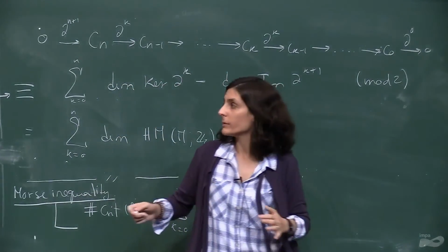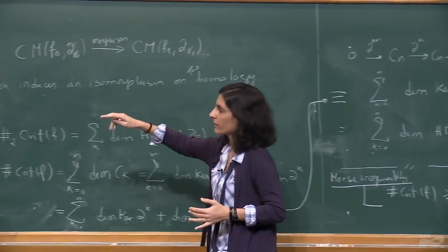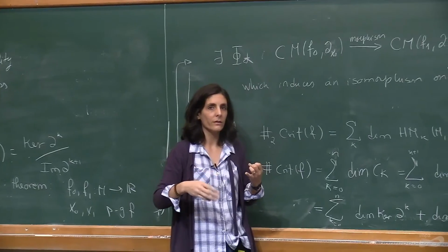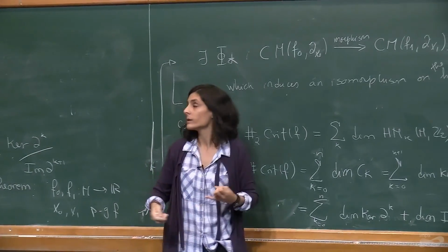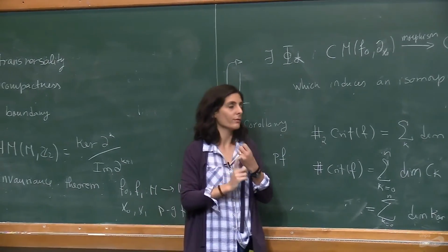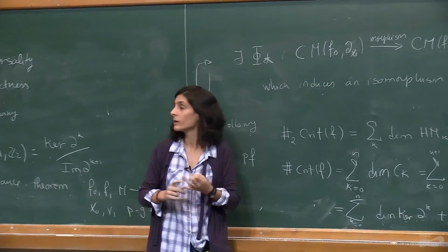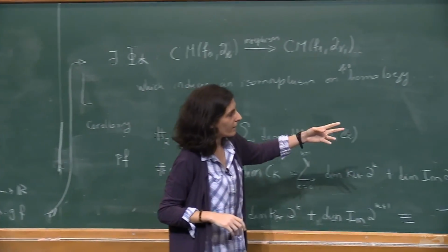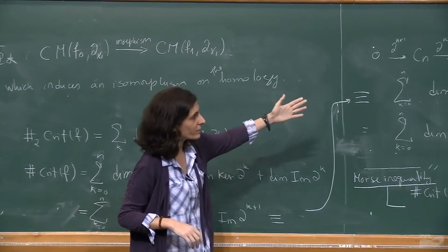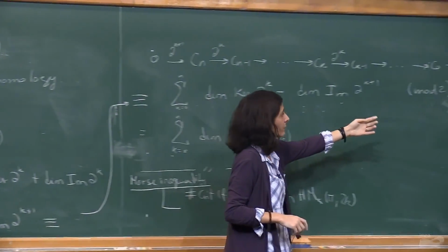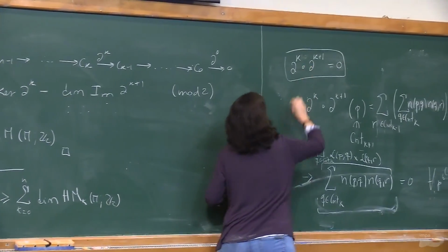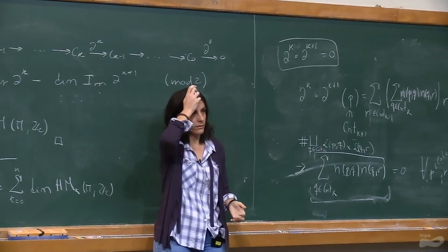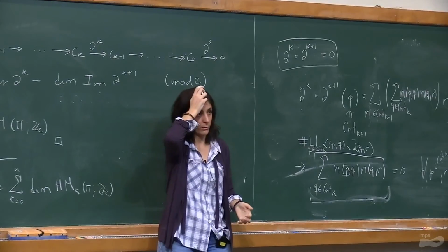And again, let me emphasize these three things that we needed to actually prove that this will define a homology. The transversality, which we need to define the space of trajectories, the compactness, and the boundary, to make sure that the differential composition is zero. Then we can define the homology, the Morse homology.